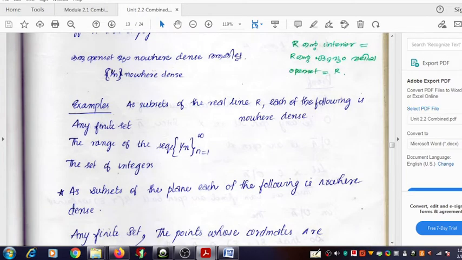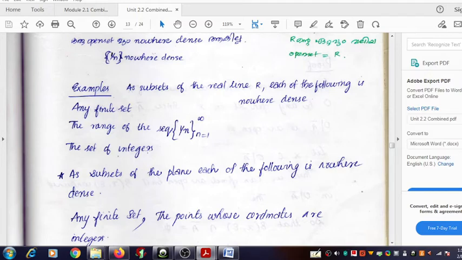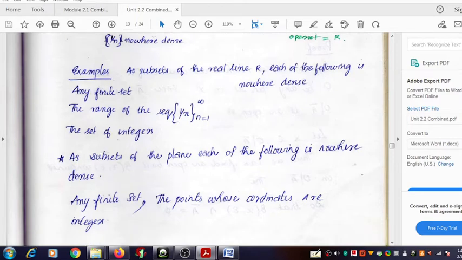And the sequence 1 by n, where n varies from 1 to infinity, we have mentioned that it is nowhere dense. And the set of integers is also nowhere dense. The set of all integers, or any subset of integers, is also nowhere dense, because it can be finite or infinite.